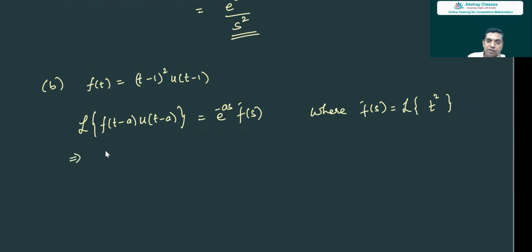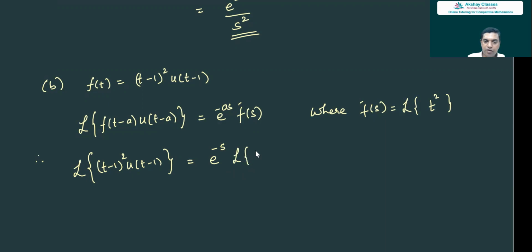So therefore, now this is equal to e power minus 1 times s into Laplace transform of t square.